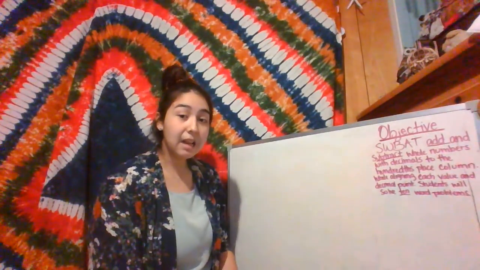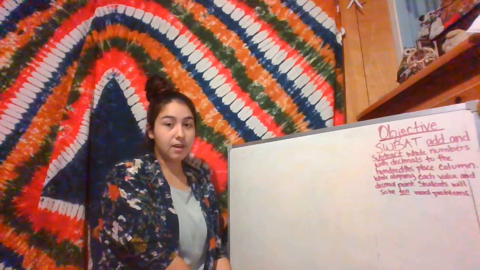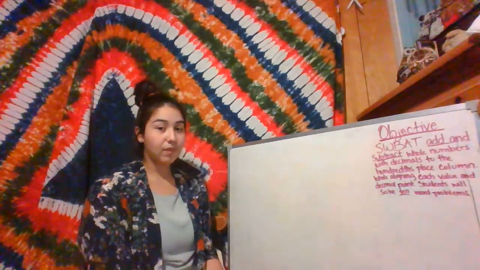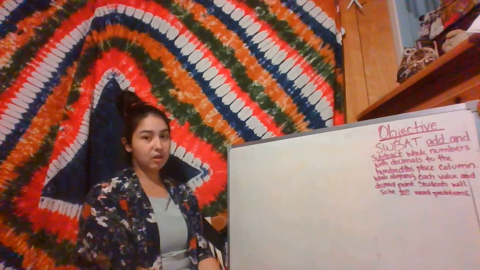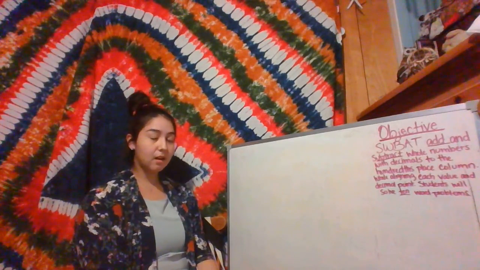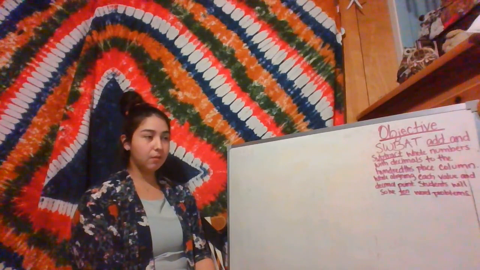Alright, class, can anyone tell me what we learned yesterday? Maria? Yes, we added in the tenths place. Alright, what else did you learn? Aligning our numbers correctly, that's right, to keep our place value.